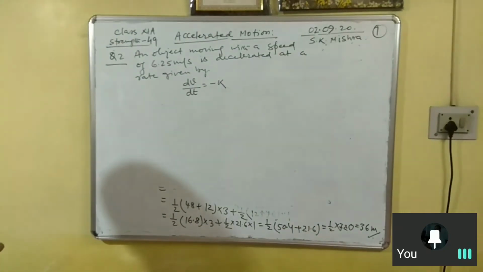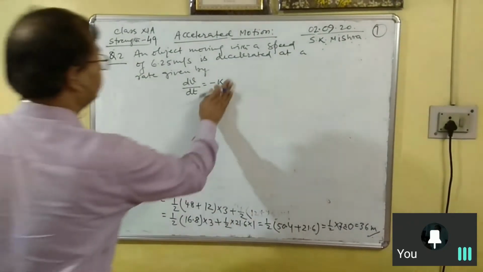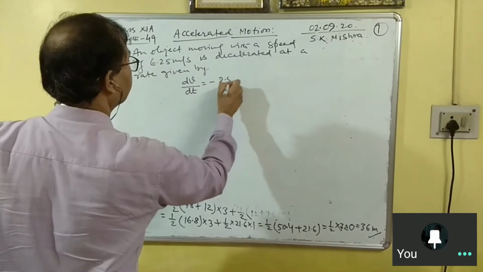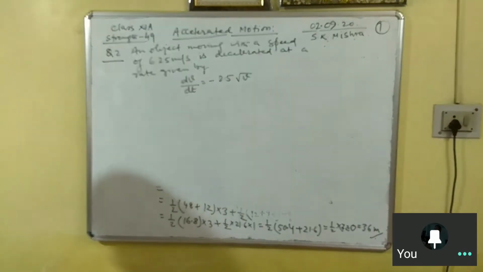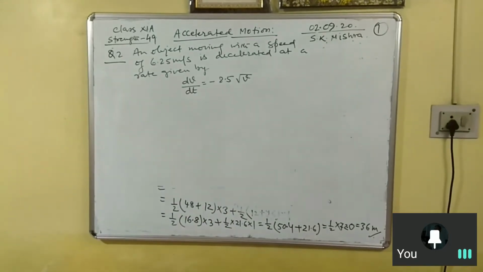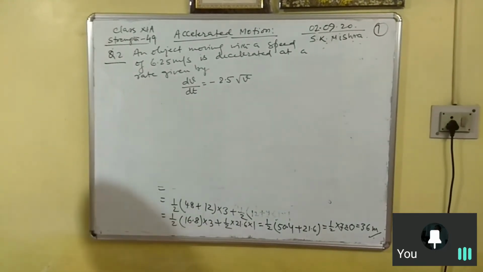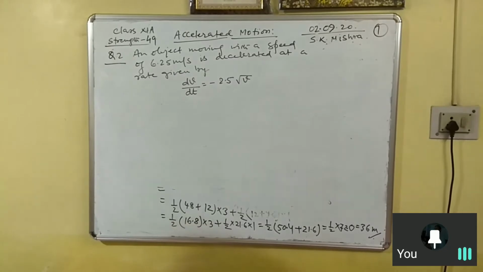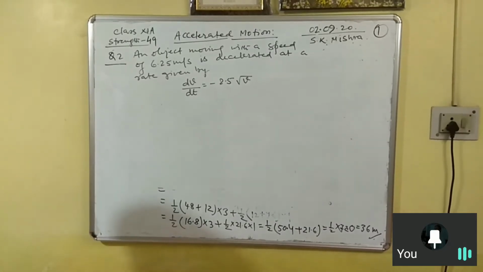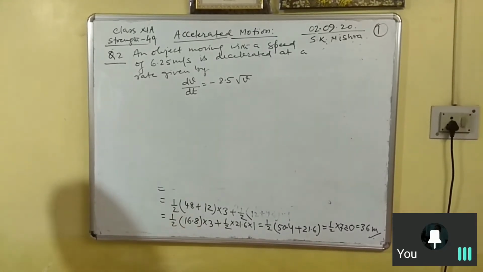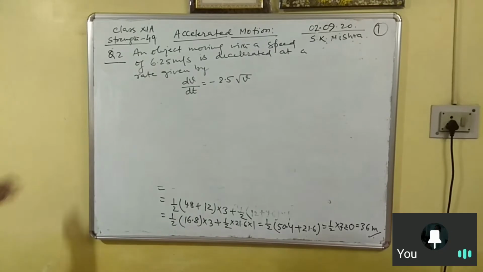Now, minus 2.5 under root v. So, this is the equation of deceleration. So, the object is decelerated at a rate given by dv by dt equal to minus 2.5 under root v, where v is the instantaneous speed. Now, find the time taken by the object to come to rest.